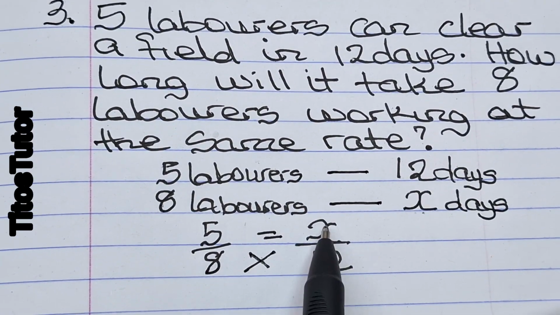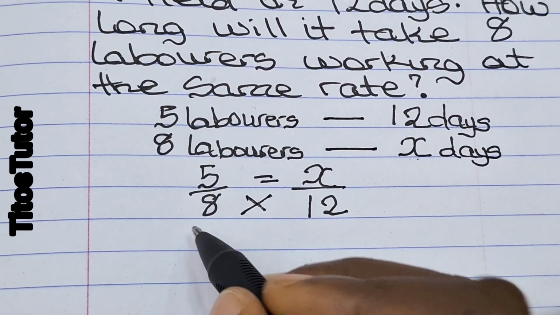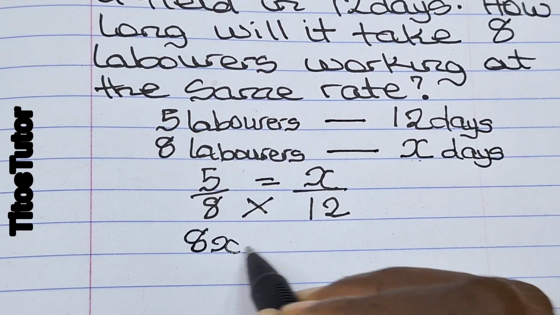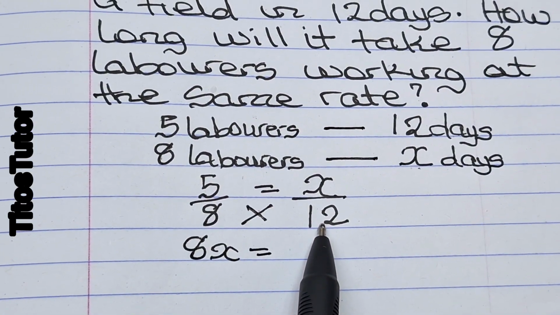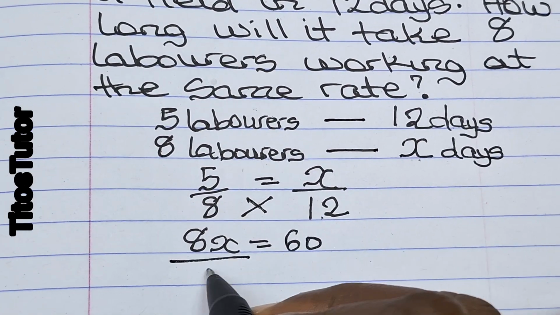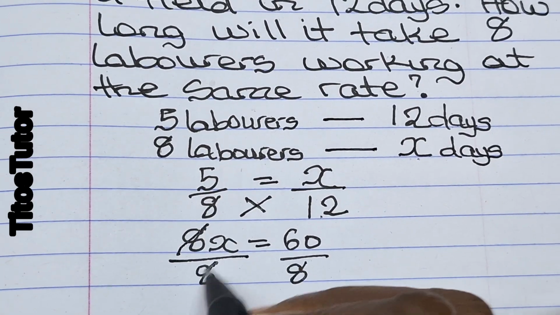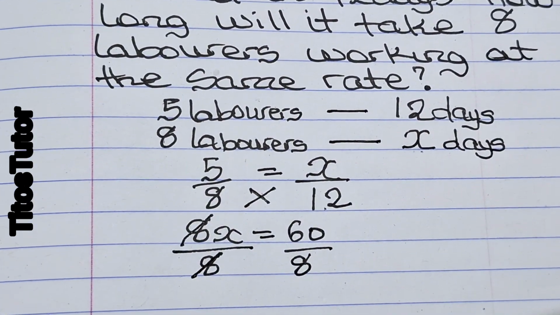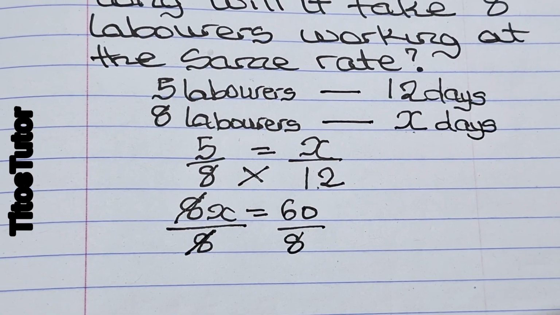X times 8 will give you 8X, right? 5 times 12 will give you 60. So you do over 8. So 60 over 8 gives you the amount of days it will take them to finish the work.